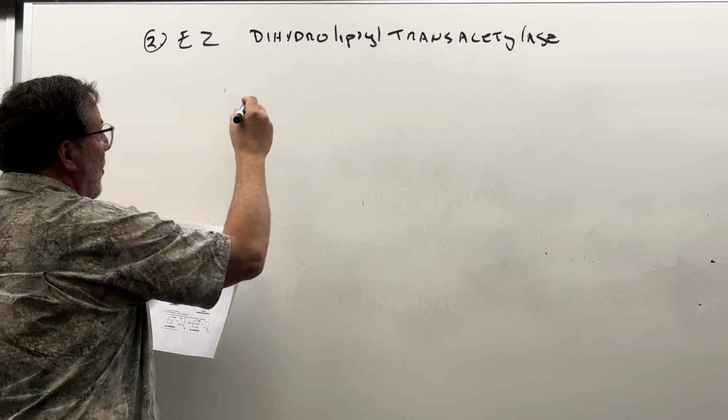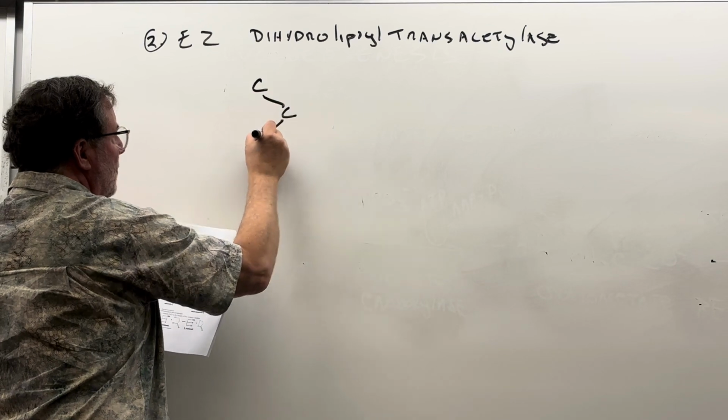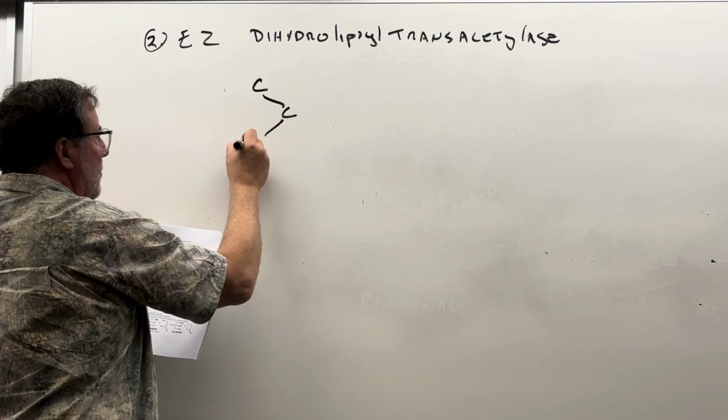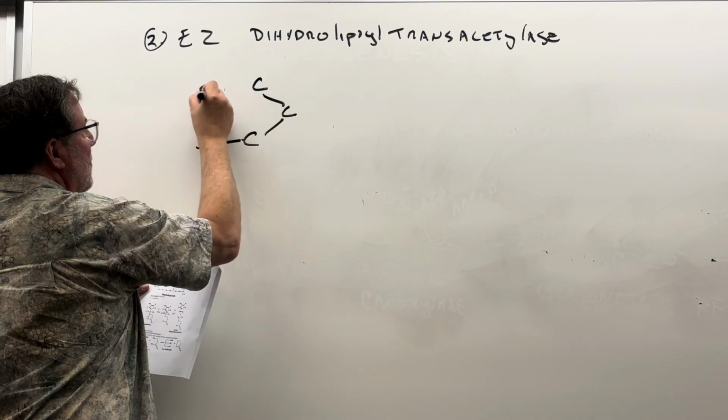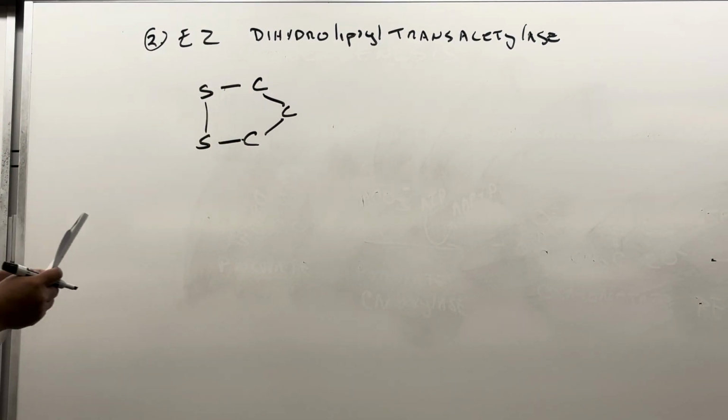So what does that thing look like? This is a redox carrier. It's going to carry electrons here.